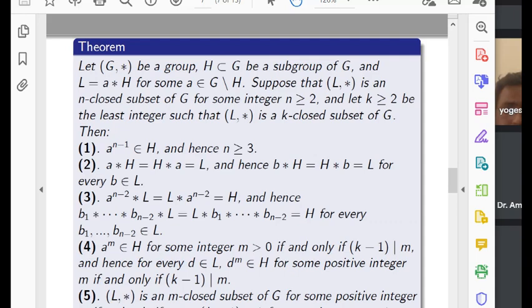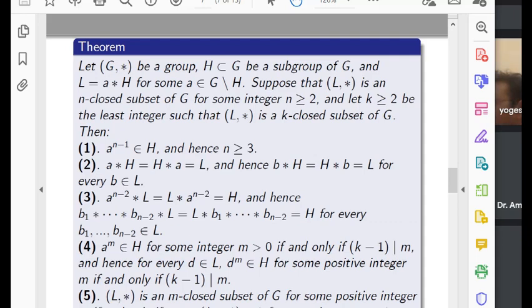Okay, so here we selected H to be a subgroup, and I selected a left coset A star H. Remember, L is the left coset, and it is an n closed subset. Also, I assume K is the least positive integer where L is K closed.